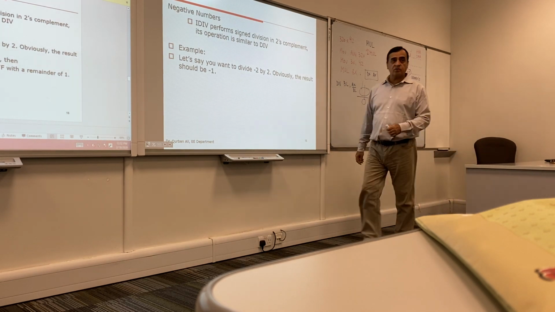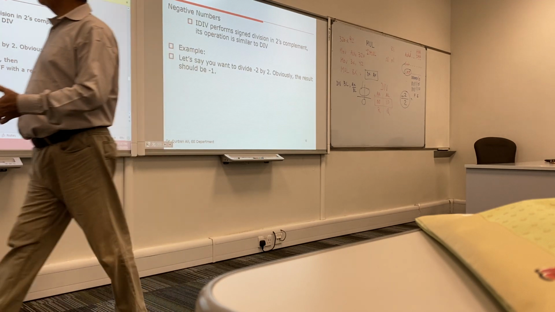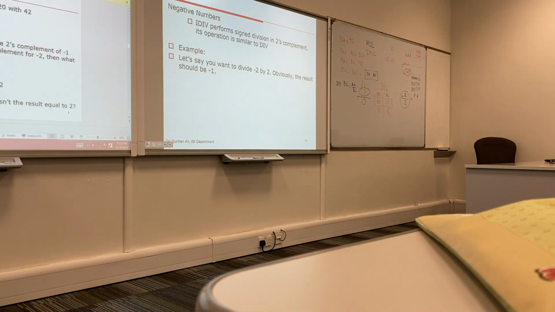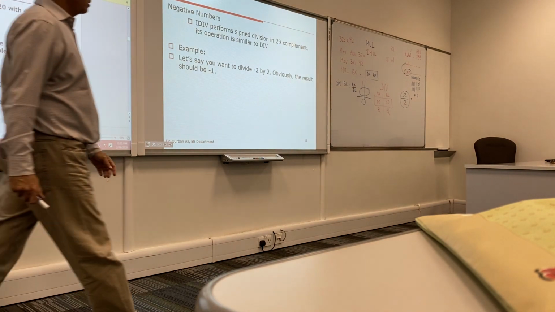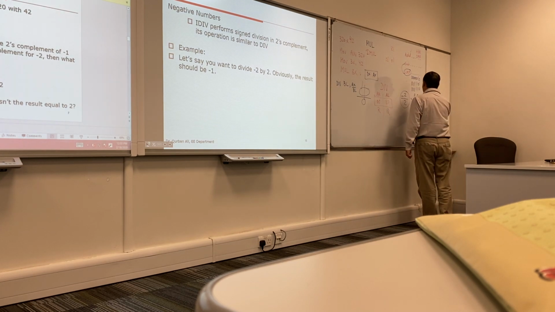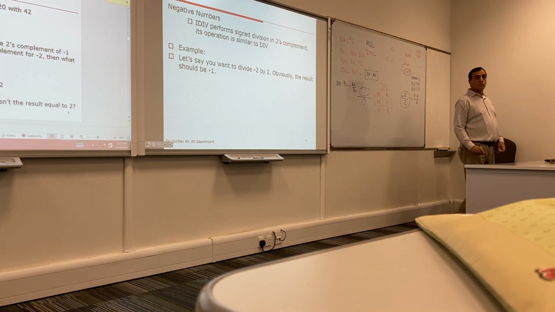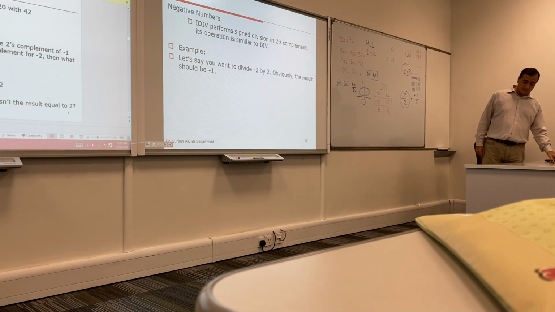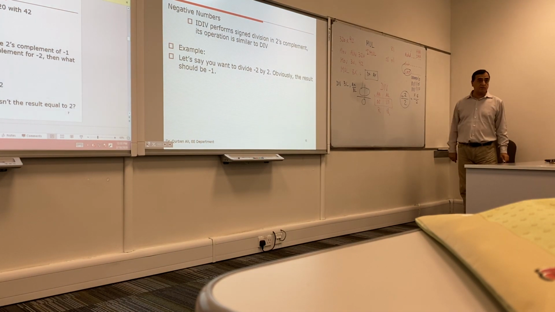I can show it to you: here you see, multiply -1 by -2. -1 is FF, -2 is FE. Now you see -2 is FE because we consider a byte. So the question is FE divided by 2, and this is what we have to implement, right?